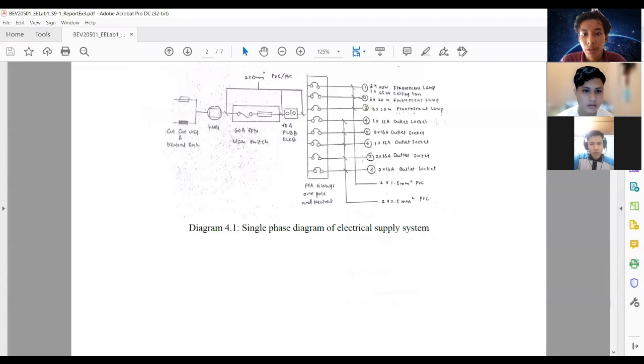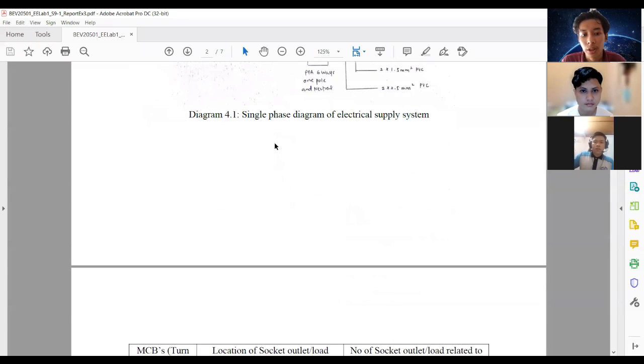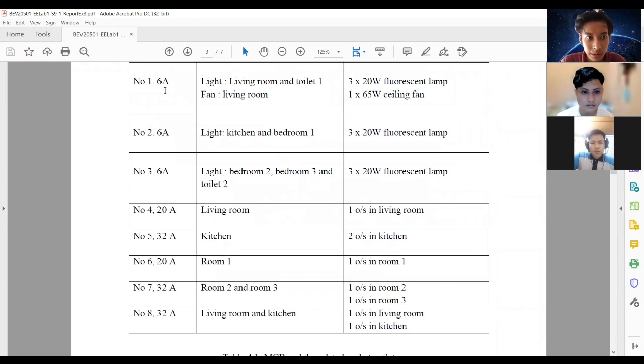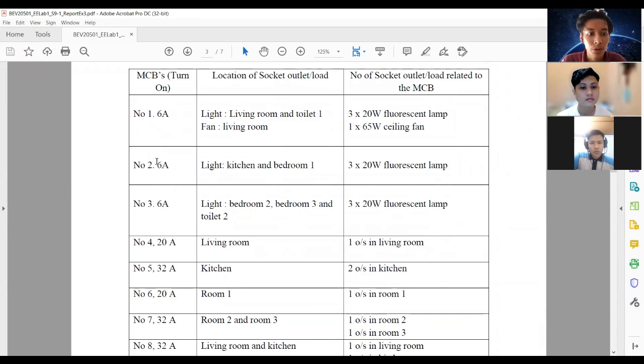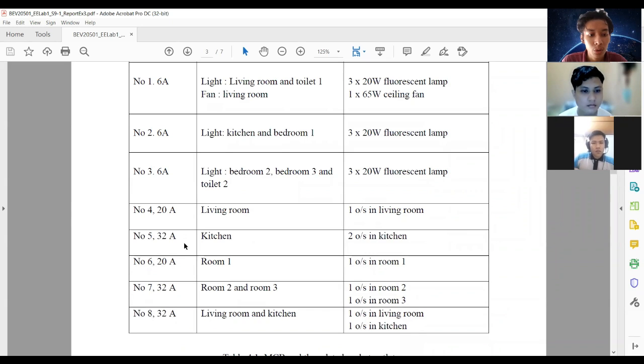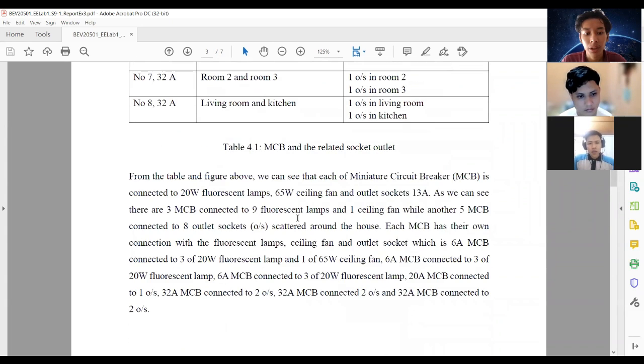As you can see from here, there are 8 MCB that are connected to ceiling fan, fluorescent lamp, and also outlet socket. 3 of the MCB that we use are 6 ampere, while 2 of our MCB are 20 ampere, and the rest are 32 ampere.